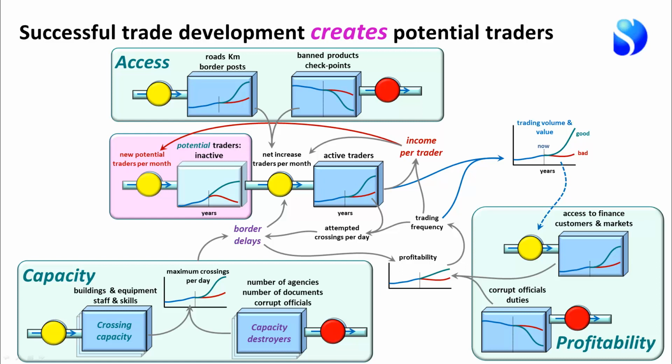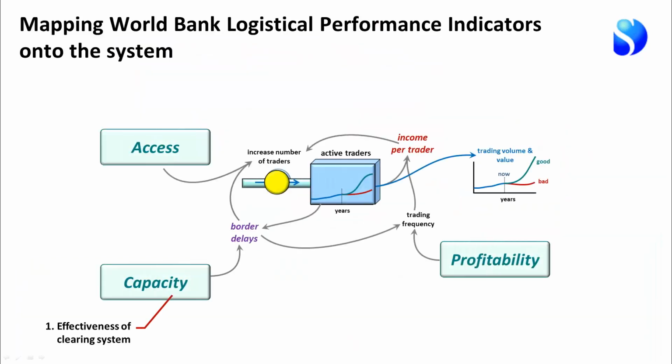And one example of this is that the World Bank tracks a series of logistical performance indicators. For example, it tracks the effectiveness of the trade clearing system, and what that does is it's an aspect of capacity in this system. The World Bank tracks the adequacy of roads and infrastructure, so that falls in the access area.